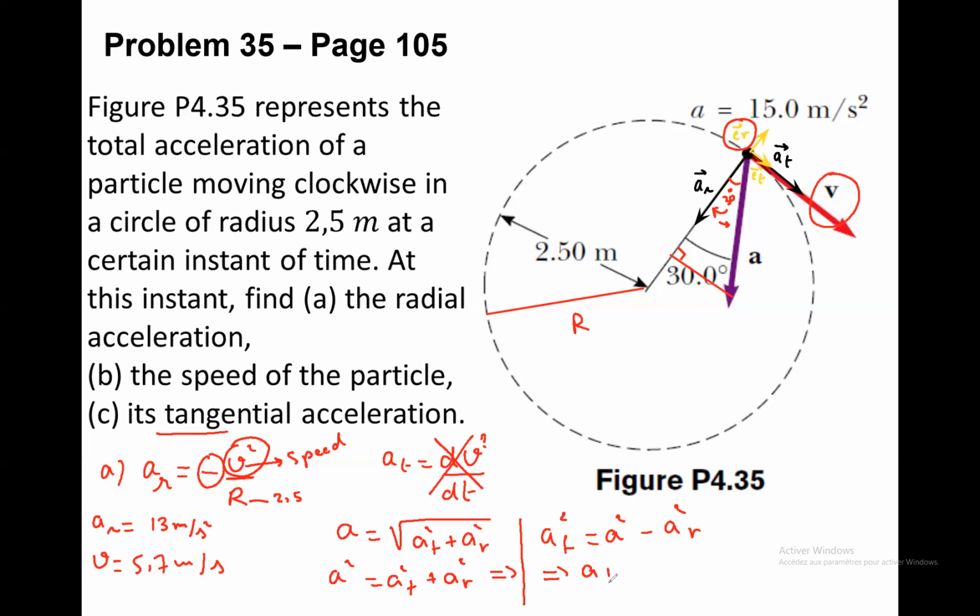So a tangent equals the radical of a square minus ar square, equal to the radical of 15 square minus 13 square. We get the final solution equal to 7.5 m per second square.